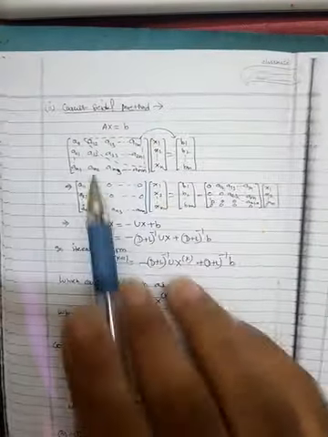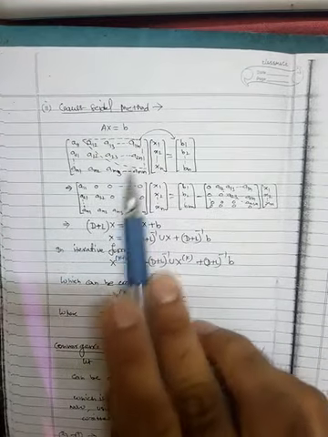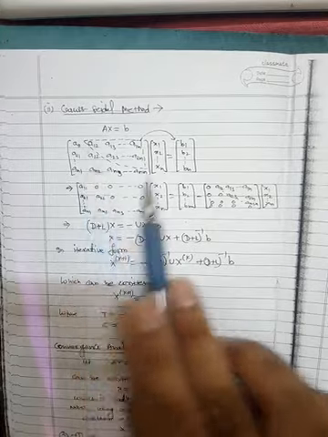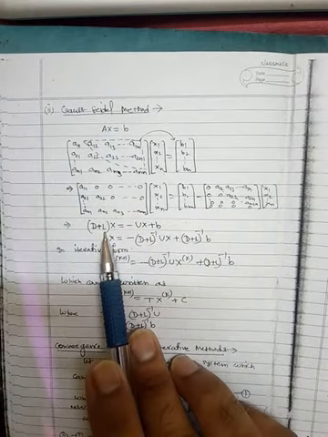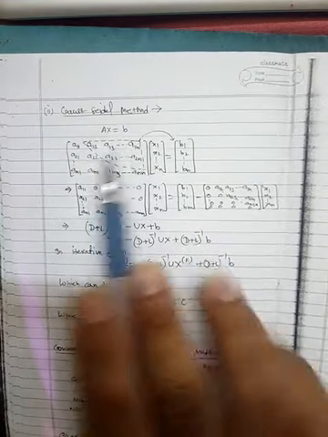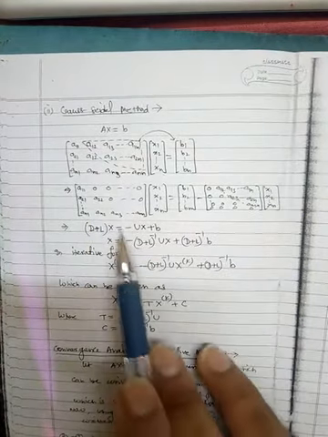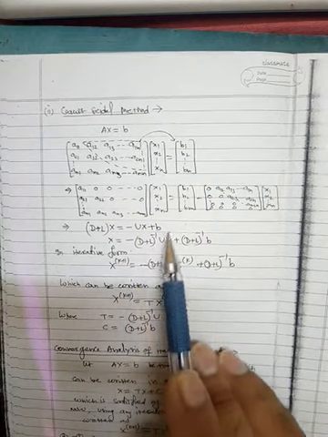Then we have the Gauss-Seidel method. Now for Ax = b, we will take the diagonal plus lower triangular in the left hand side, and we will take the upper one in the right hand side. So this is (D + L)x = -Ux + b.